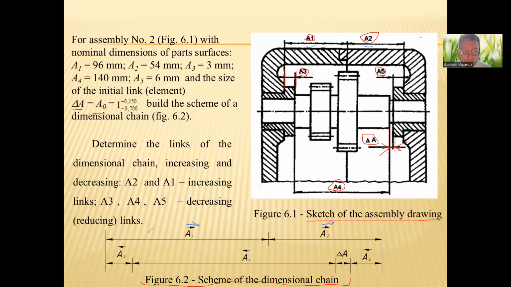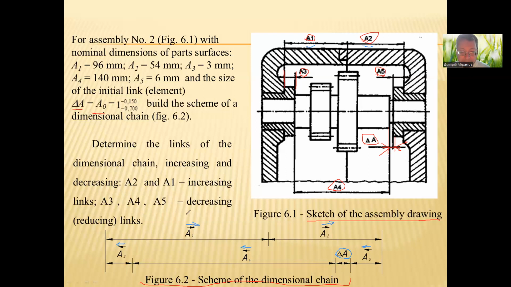And A3 is a decreasing link. A4, decreasing link. A5, decreasing link. And the initial link delta A, or A0, is our clearance.